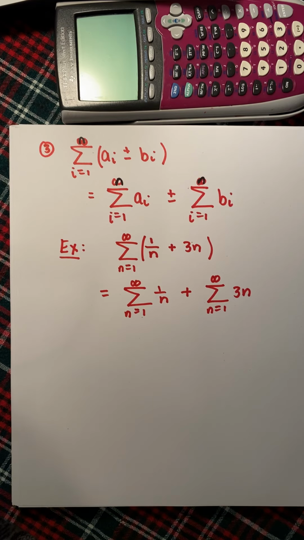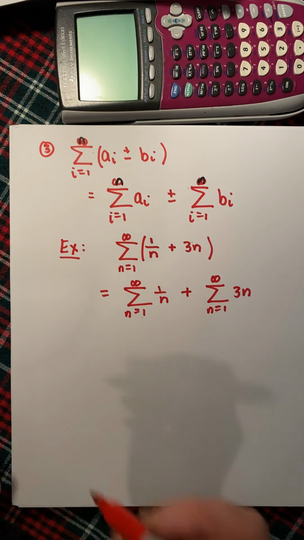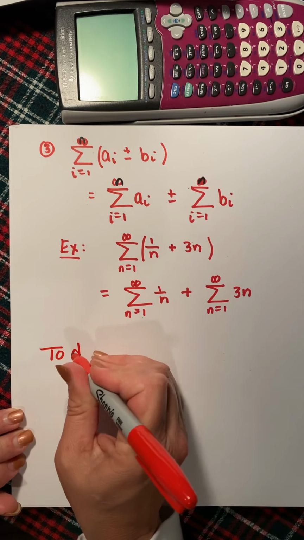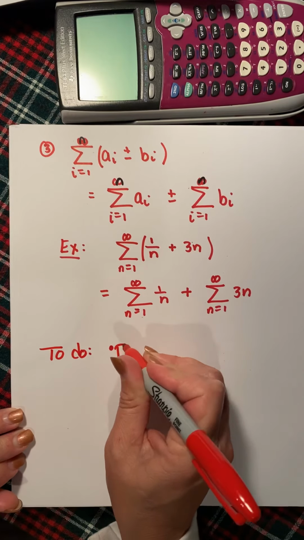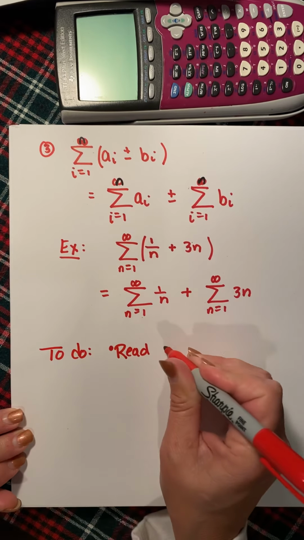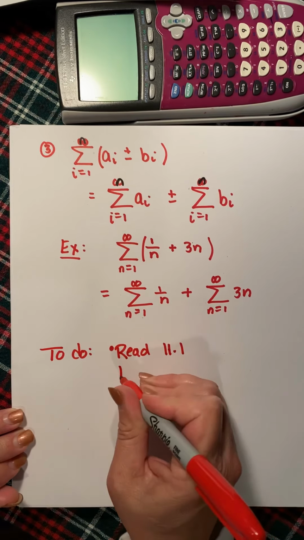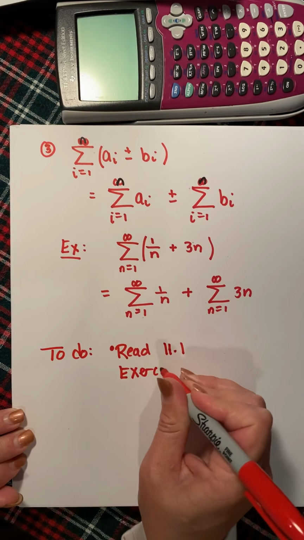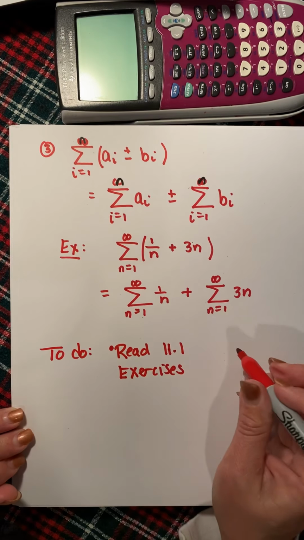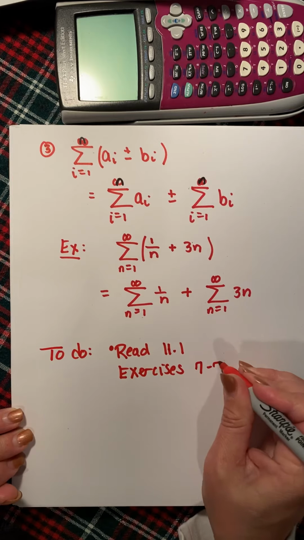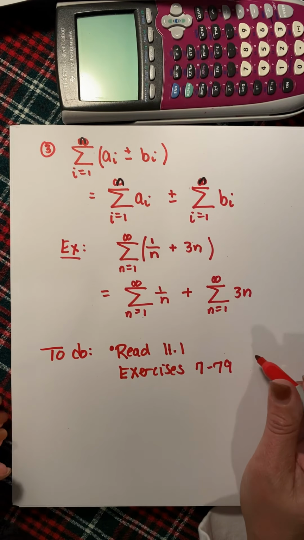All right, so what I'm going to have you do is, uh-oh, I wrote it down, give me a second. To do: read 11.1, exercises 7 to 79.